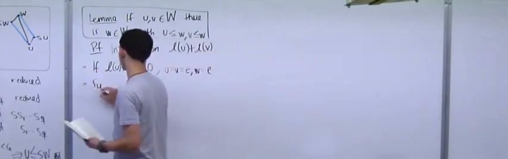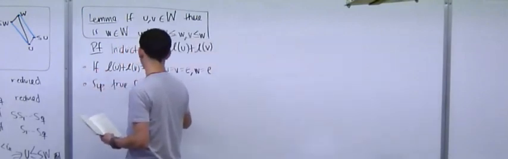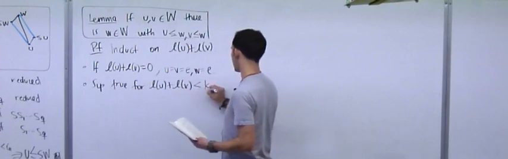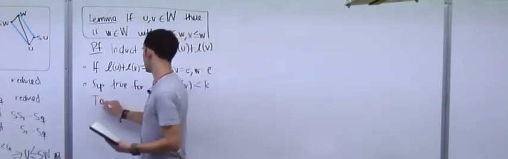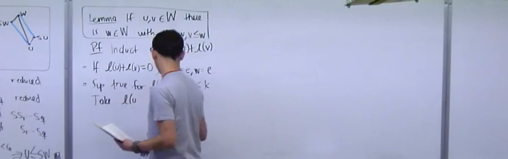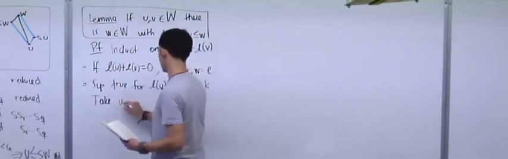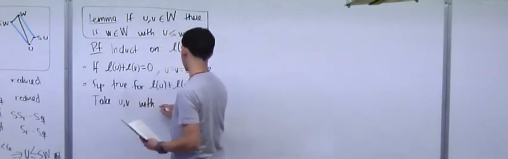Now let's suppose it's true for length of u plus length of v less than k. And now let's take u and v with length of u plus length of v equal to k. Okay. Now, basically, my plan is the following.